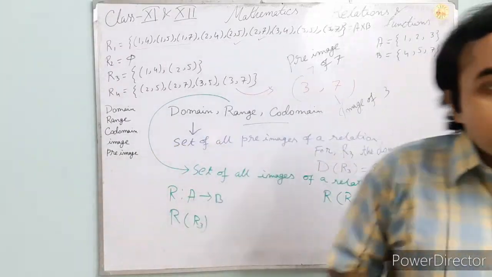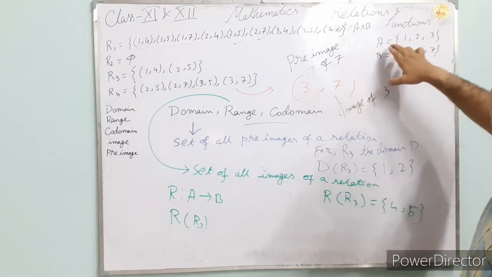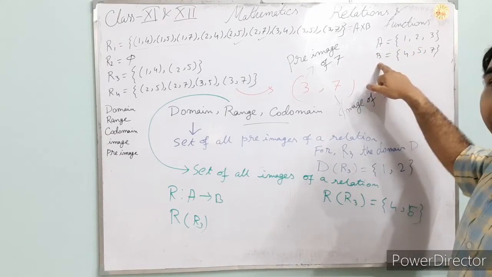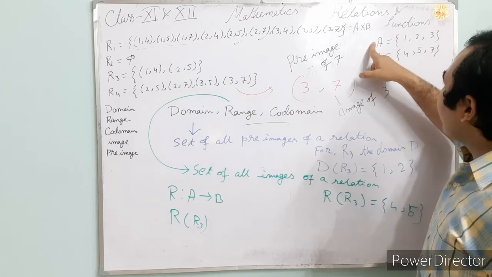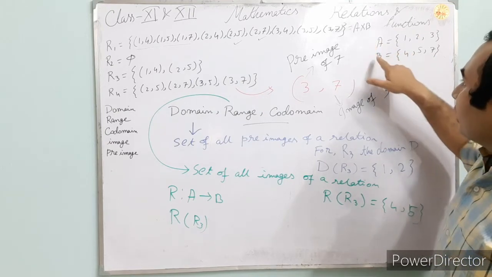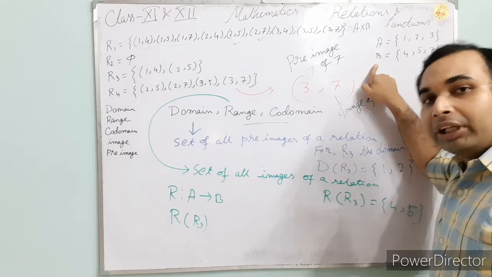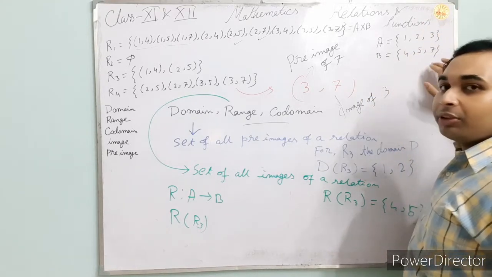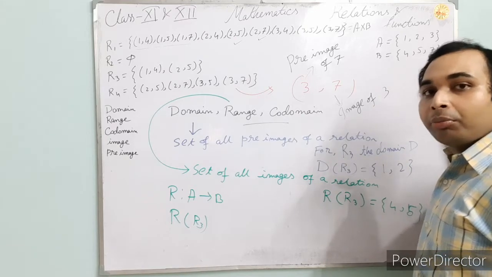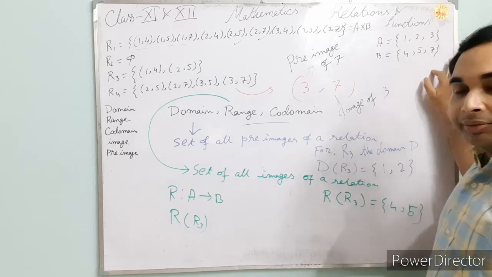If we say that we are taking the relation from the set A to the set B, the relations are happening from the elements of the set A to the elements of the set B. Here, all the elements of the set B are called the codomain. What have I told?